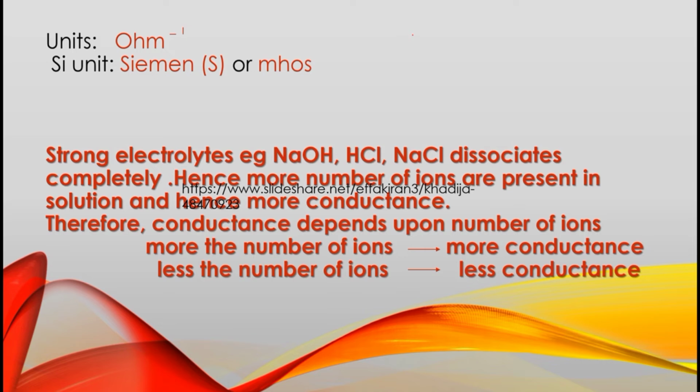Hence, more ions are present in solution and hence more conductance. Therefore, conductance depends upon the number of ions. The more the number of ions, the more the conductance. The fewer the ions, the less the conductance.